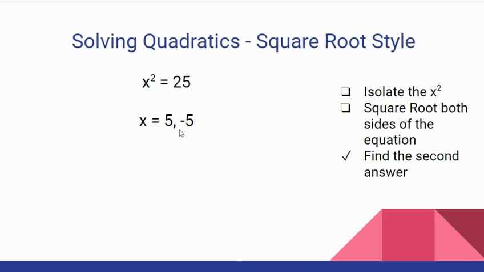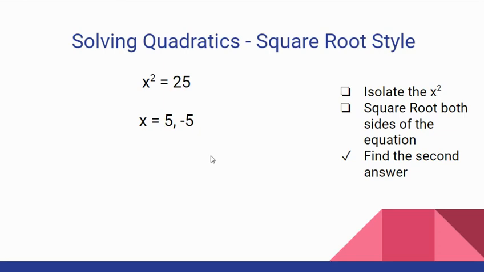If you think about it, x squared equal 25 means that x could be 5. 5 times 5 is 25. But so is negative 5. Negative 5 times negative 5 is equal to a positive 25. Therefore, this quadratic would have a solution of positive 5 and negative 5.